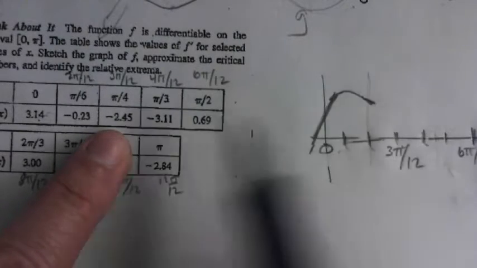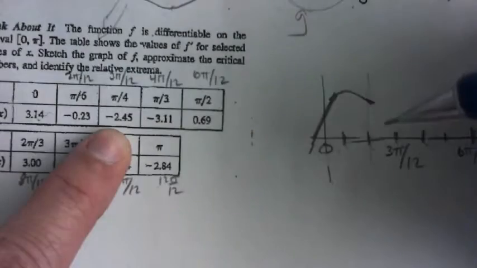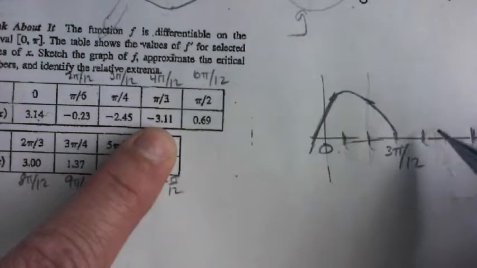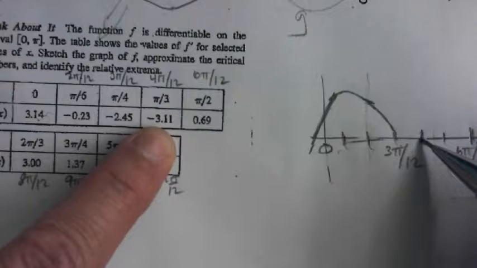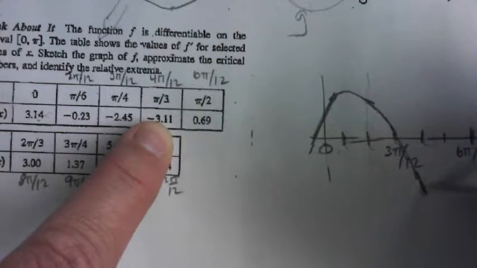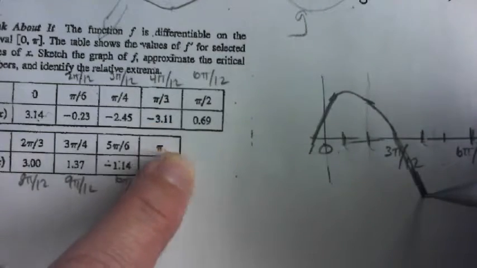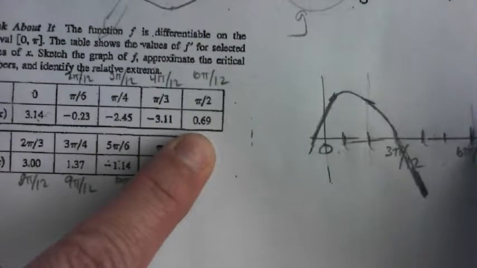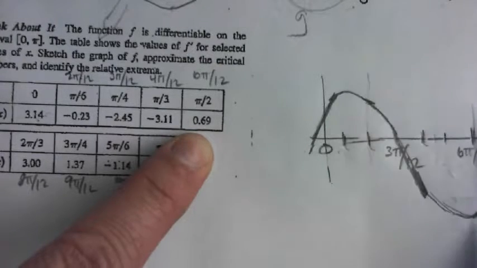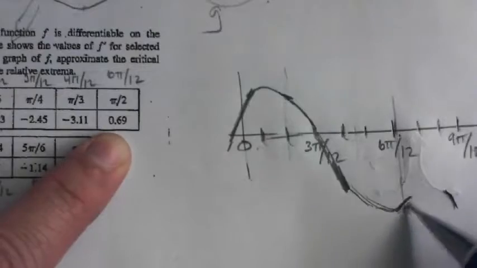At pi over 4, which is 3 pi over 12, we're even more negative, so it's steeper than it was. At pi over 3, which is 4 pi over 12, we're even more negative, so it's still getting steeper. Then by pi over 2, we're slightly positive again, so at some point we've turned around and we're slightly increasing again.